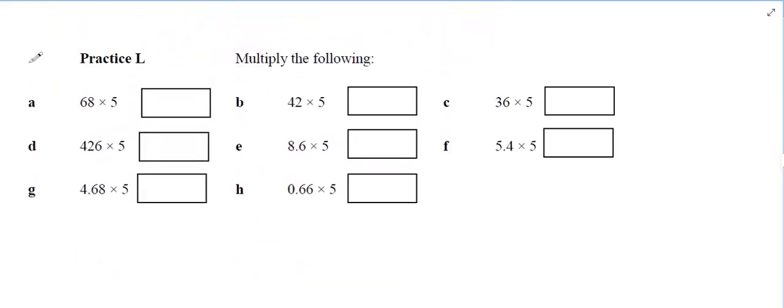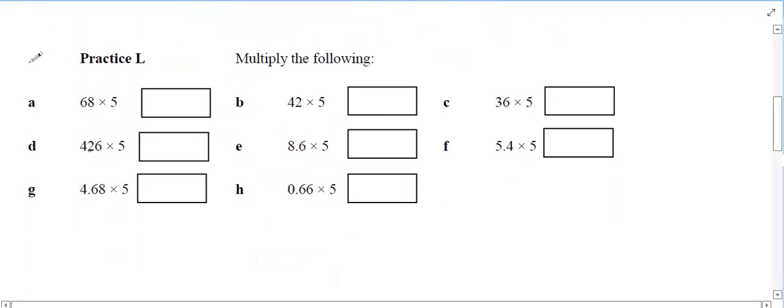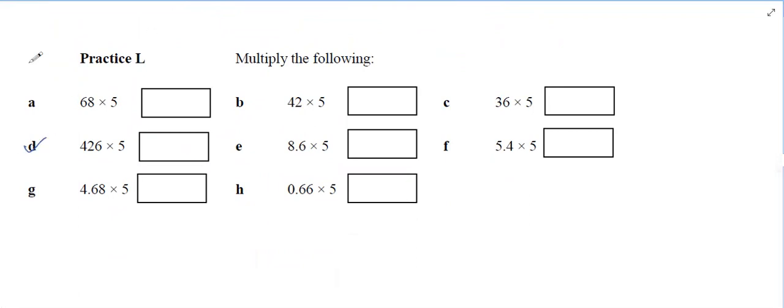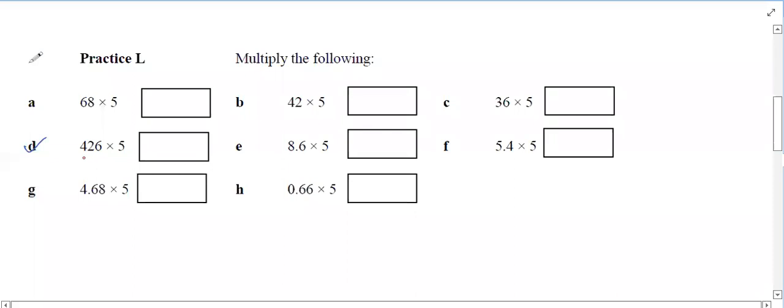Okay then. Aisha, understood the concept? Yes, sir. Your question is D. 426 by 2 is 213, and the remainder is 0, so the last digit is 0.